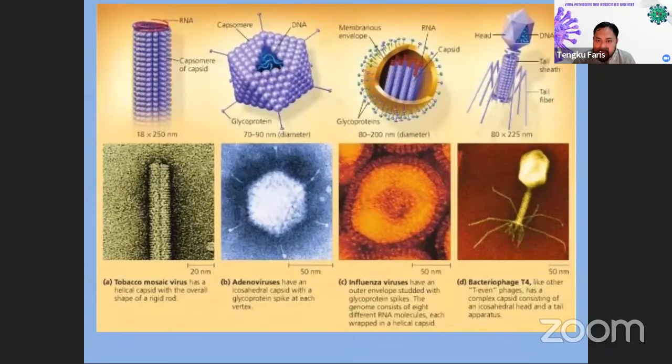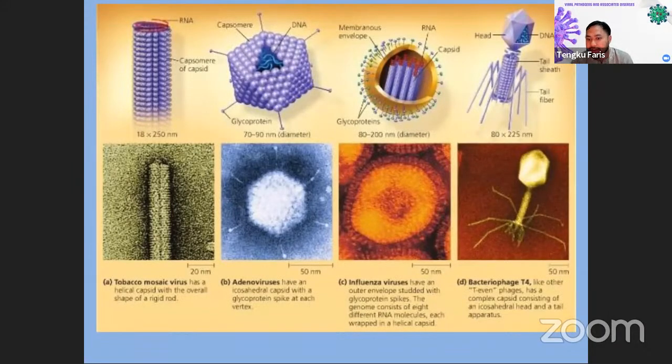Again, you can see in the illustration, inside the influenza virus, they have how many capsids? You have around 8 capsids, and each capsid contains a different RNA molecule. It's a very special virus.